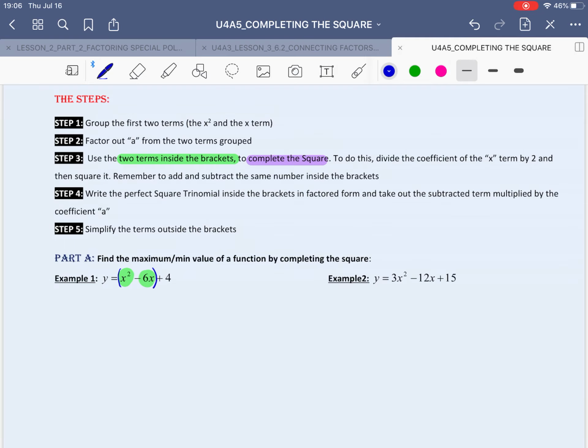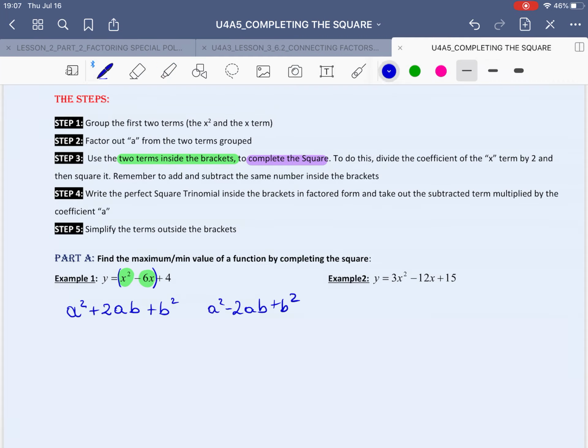Suppose that you have a perfect square trinomial. In a perfect square trinomial, we have a squared plus 2ab plus b squared. And sometimes you have a squared minus 2ab plus b squared. It's the same thing; the process is the same. Now, in this case, what we do is this.